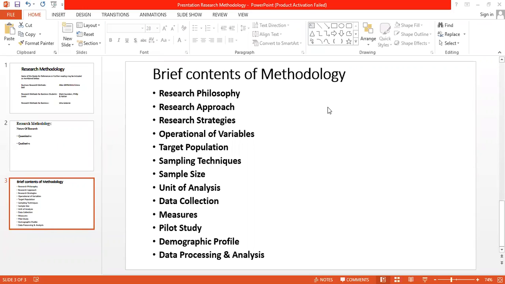Let's discuss some contents: research philosophy, research approach, research strategies, operationalization of variables, target population, sampling techniques, sample size, unit of analysis, data collection, measures, pilot study, demographic profile, and data processing and analysis. Now we shall discuss all of these contents one by one. This will be the general idea of methodology.